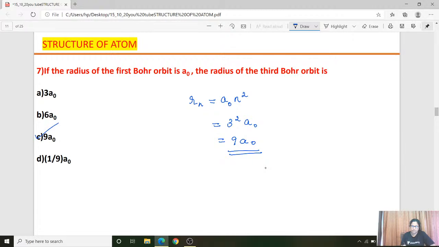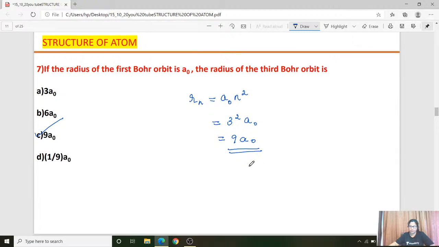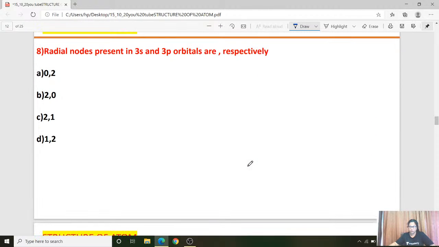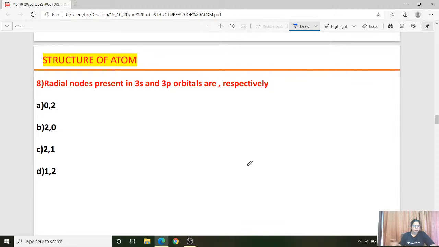Therefore, the answer is option C, 9A0. Have you understood? Is it clear? Simple question, but asked previously, student. Okay, we'll go to the next one.